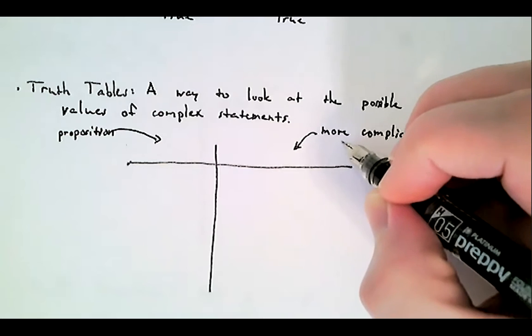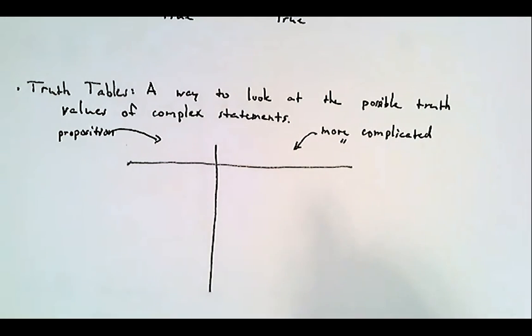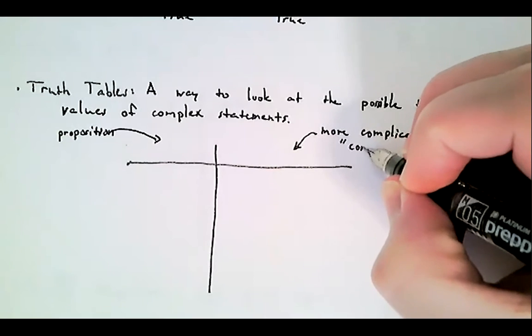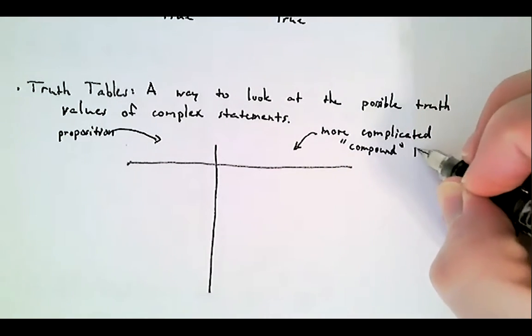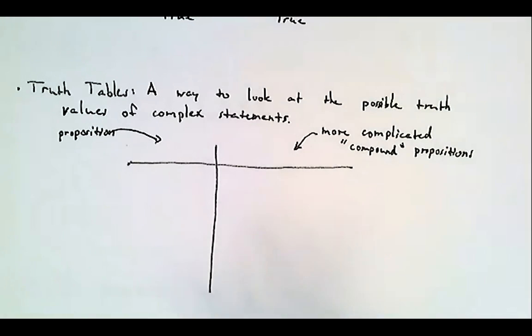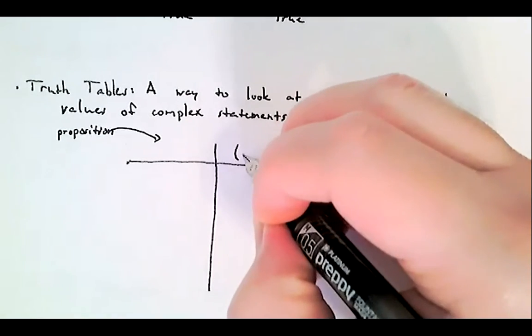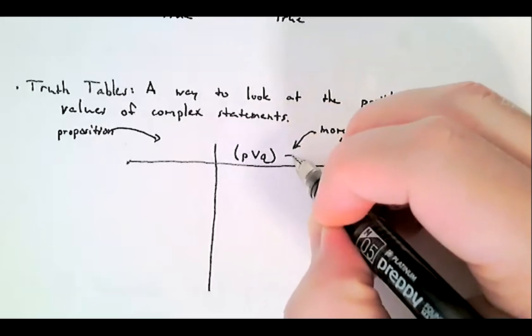Yes, Davian says these are confusing when the proposition gets longer. Right, and that's true. And the truth table lets us break it down into easier to understand pieces. So a more complicated kind of thing, we could have P or Q, and then it could get more complicated.